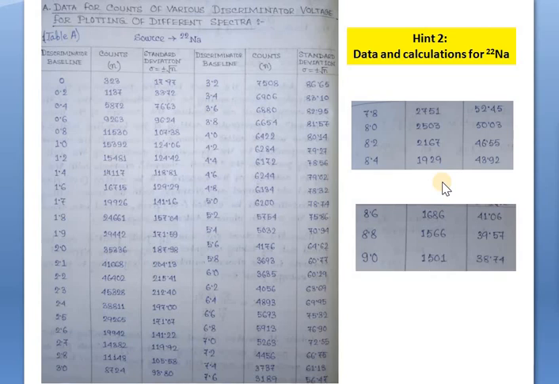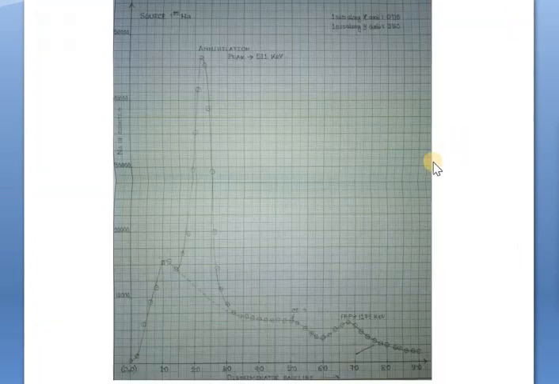Now see what we can do from this sodium-22 data. Let us first plot this, and as a result you see from this sodium-22 we get this annihilation peak at 511 keV and a full energy peak of 1275 keV. Here you see, and this is the Compton edge corresponding to this full energy peak of 1275 keV.